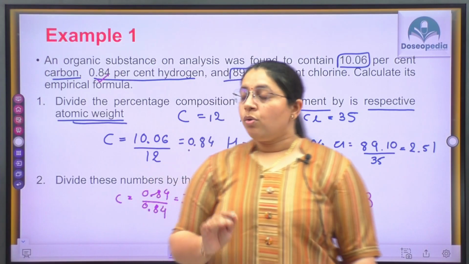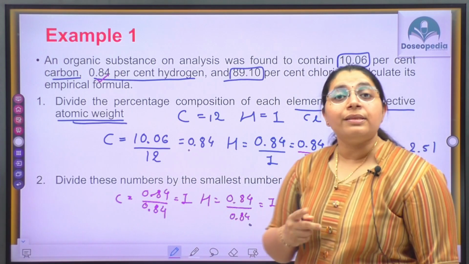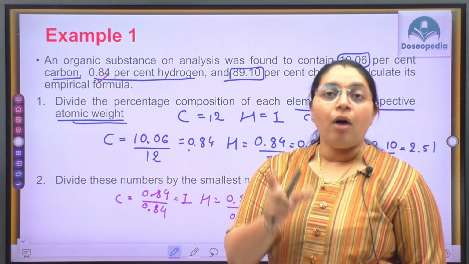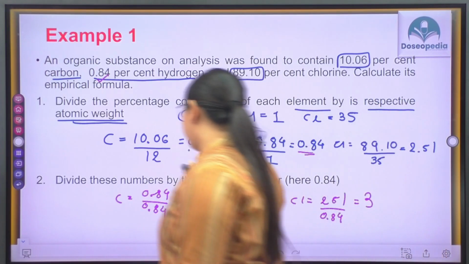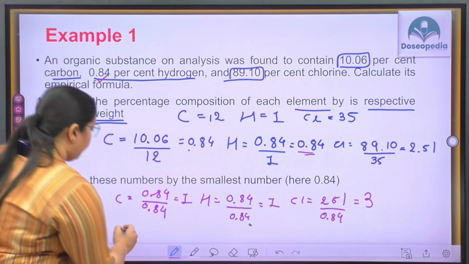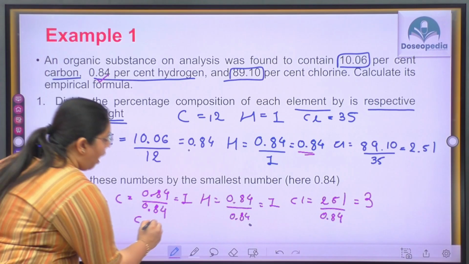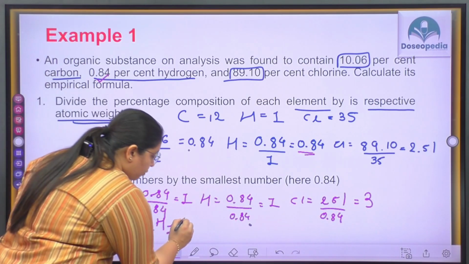Okay. Now we have the numbers, right? 1, 1 and 3. So what is this? This is the composition ratio of the particular organic substance. So we can now write the empirical formula of this substance. Carbon will be 1, hydrogen will be 1, and chlorine will be 3.